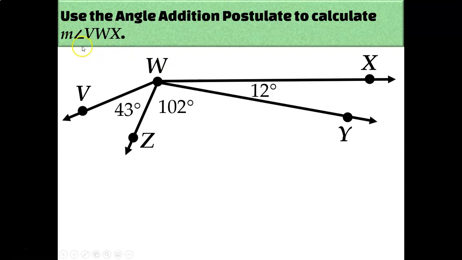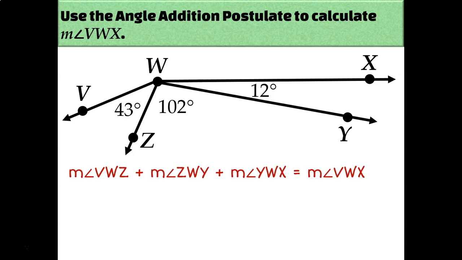We're asked to calculate the measure of angle VWX. VWX is the entire angle, which as you can see is made up of three different angles. One measures 43 degrees, one of them measures 102 degrees, and then one of them is only 12 degrees. According to the angle addition postulate extension, we could write this equation.